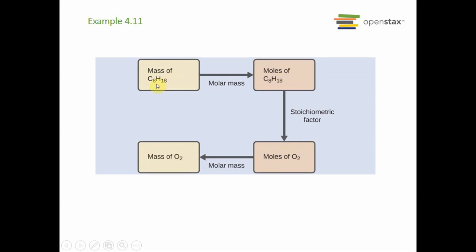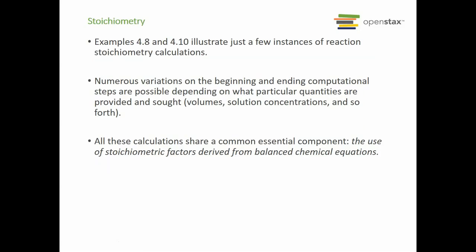Similarly, if you're burning octane, you convert from the mass of octane to the moles of octane, use the stoichiometric factor to get the moles of oxygen, and then back out the mass of oxygen that you would see consumed in the lab.